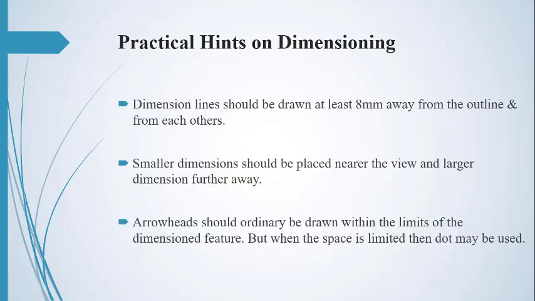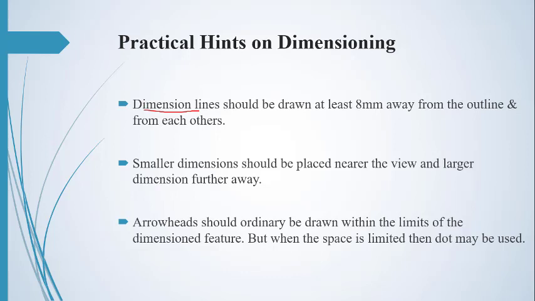A little bit of practical hints are necessary in dimensioning. Let's see what the practical hints are that we should use and follow. The first one is that dimension lines should be drawn at least 8 millimeters away from the outline and from each other.